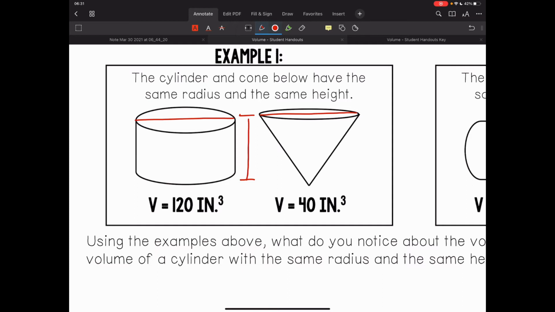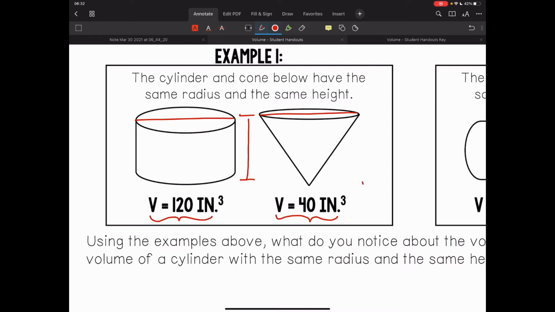So what do we notice then about the volumes of each when the bases and the heights are the same? Well, the volume of the cylinder in this case is 120 inches cubed, and the volume here is 40 inches cubed.